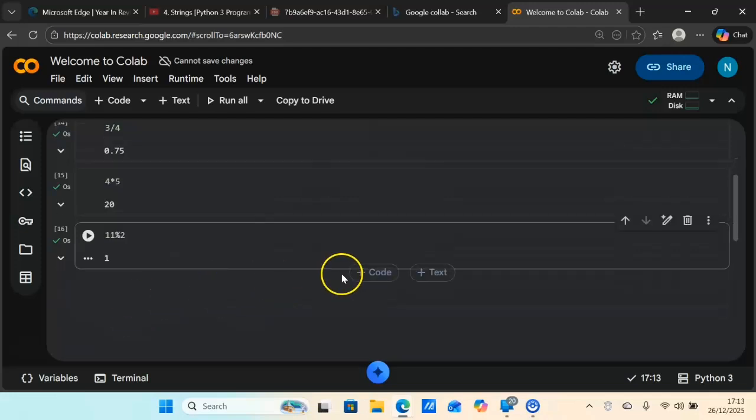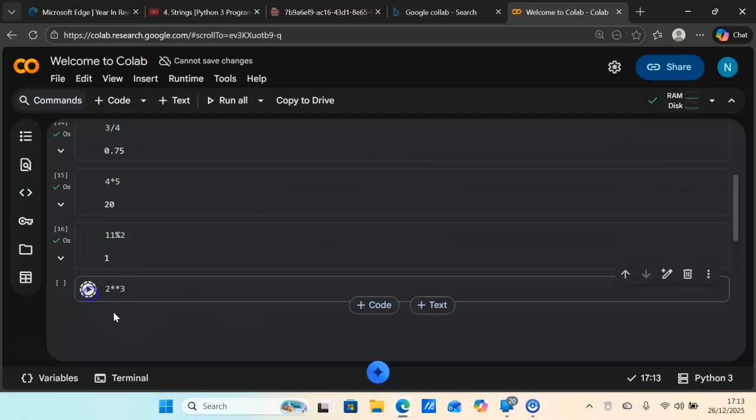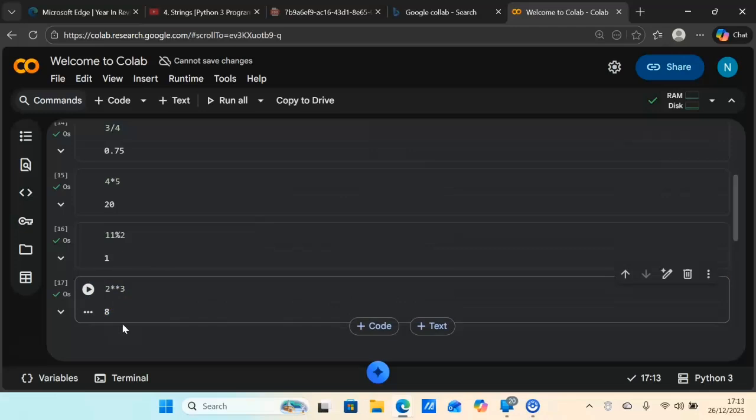Now let's say I've been asked to find the power of a number. Let's say I've been asked to find 2 raised to the power of 3. In this, you're going to use the double star. So you have 2 star star 3. When you solve this, you should have 9.